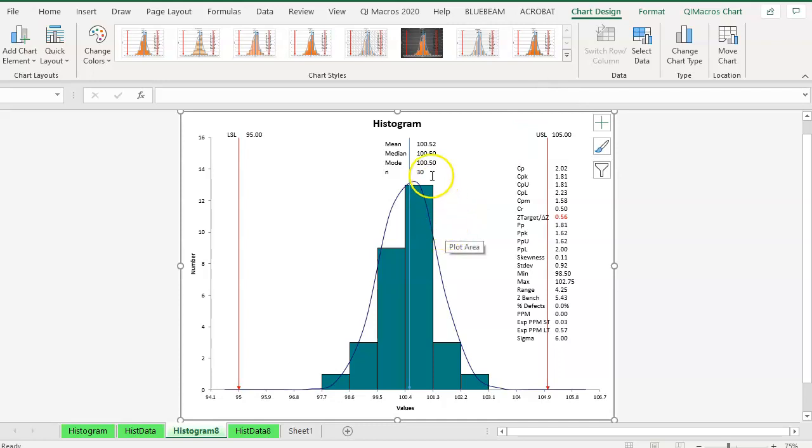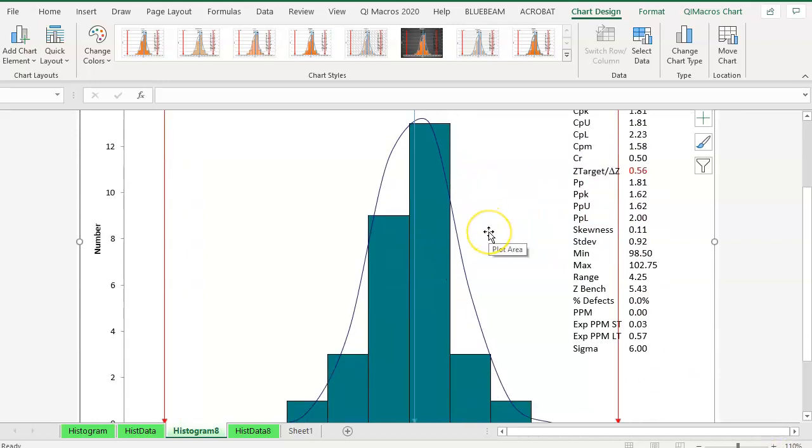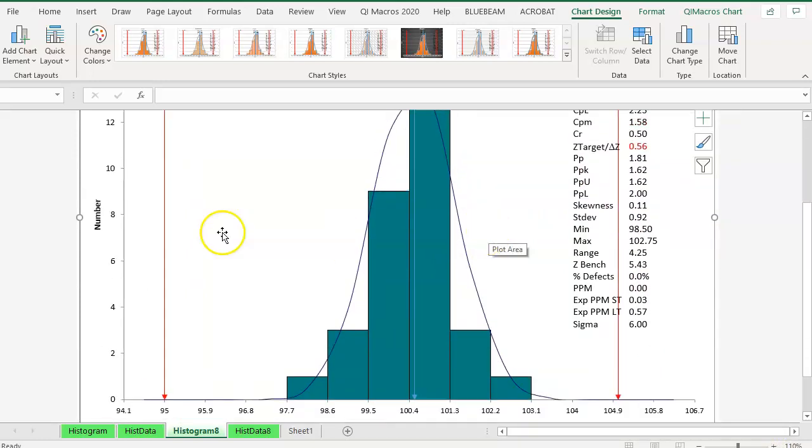And this group as well, very nominal dead center. Their mean is right at 100 as well. But if you take a look at the amount of standard deviation and just take a look at the histogram output curve, it's a much skinnier curve.